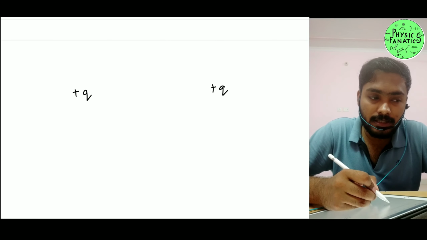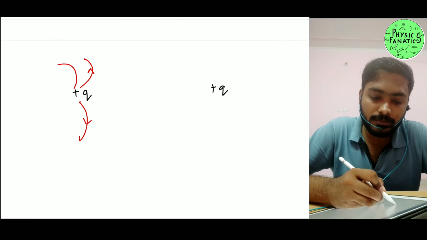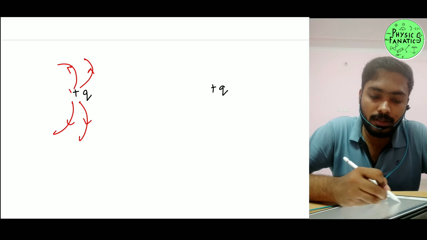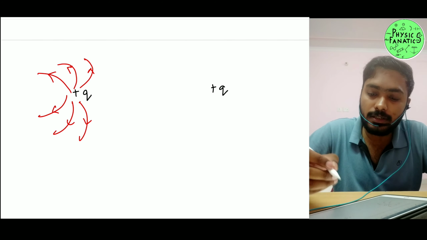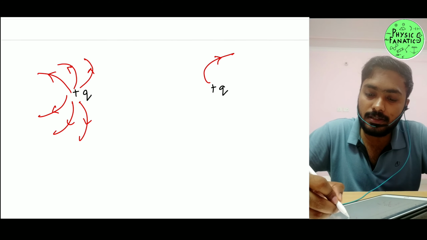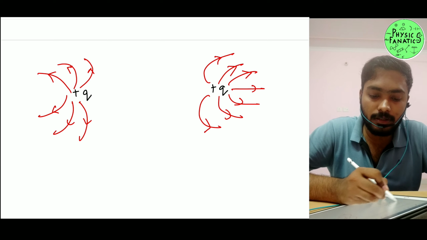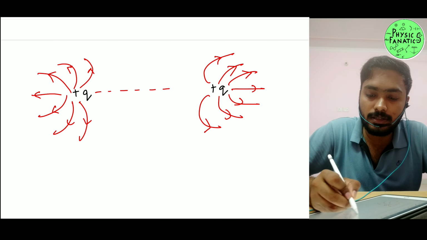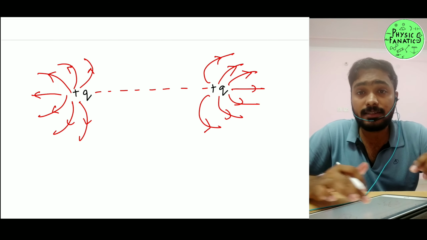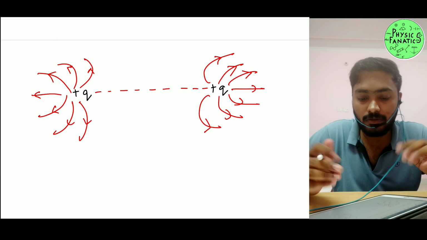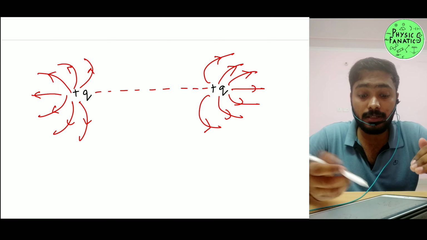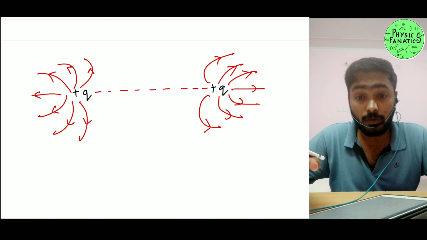So electric field lines will be going outward from this one, and from this one also. These dotted lines I have shown so that you can guess the axis, but the electric field lines are going out.